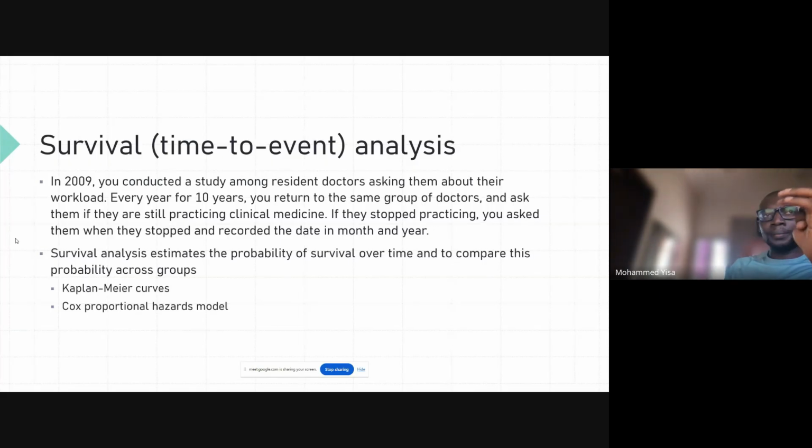Based on this, we want to calculate the probability of survival for that group, that is, the probability that someone stayed in medical practice, across the whole group and then between males and females.